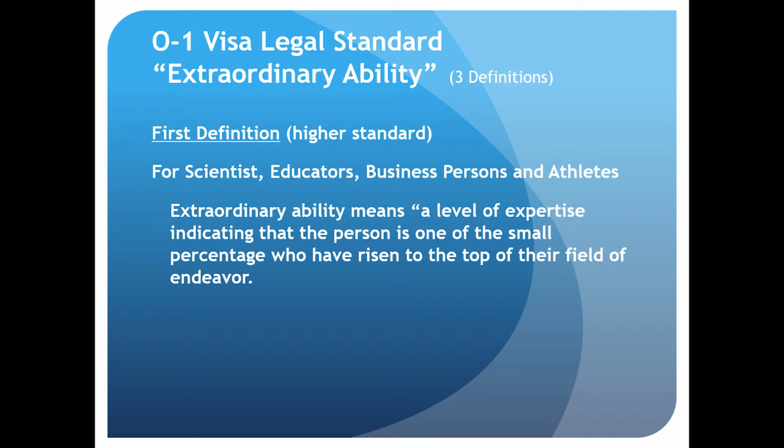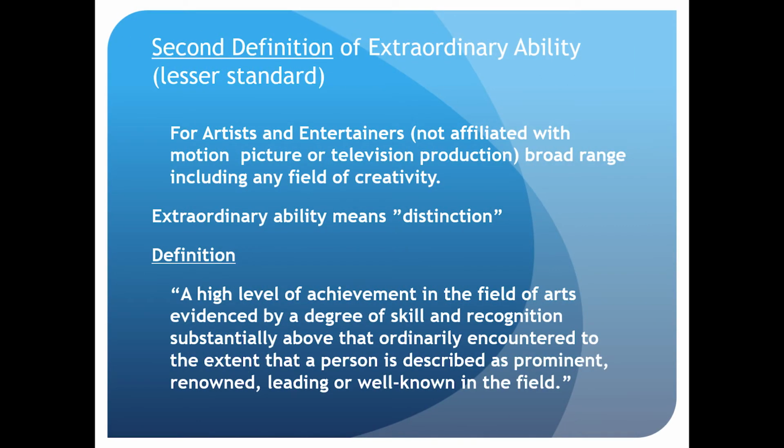In this sense, extraordinary ability means having expertise that puts you at the top percentage of your field. That's the highest standard within this legal standard. The second definition is a lesser standard, and it applies to artists and entertainers, not necessarily in motion picture, film, or television.